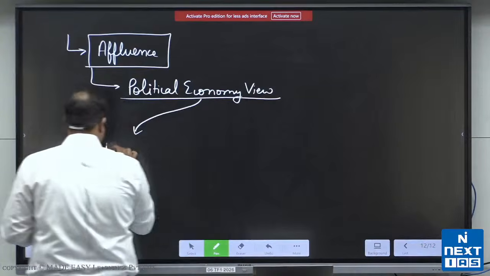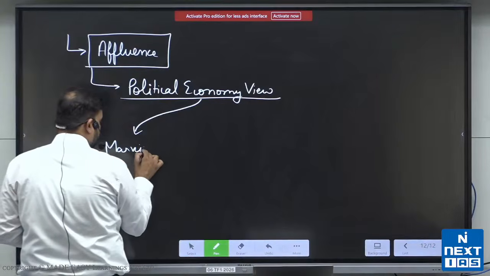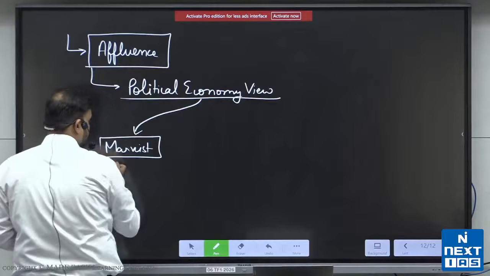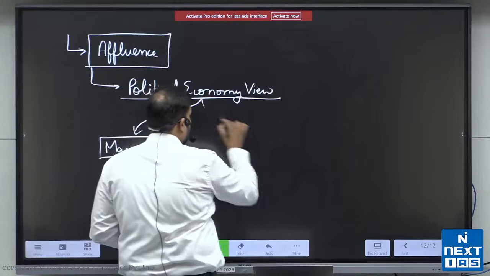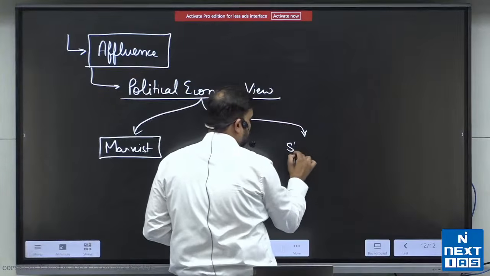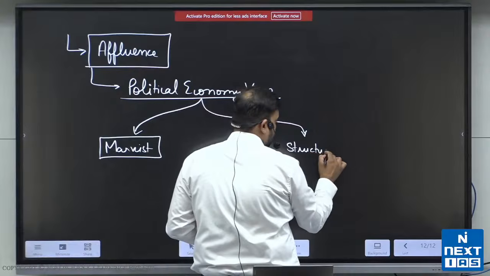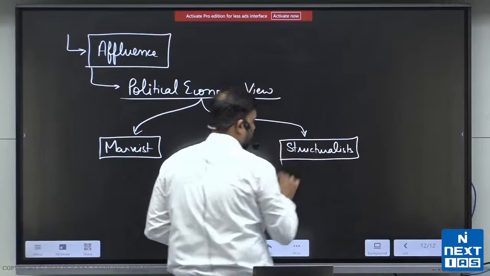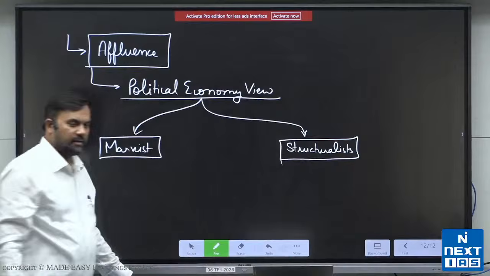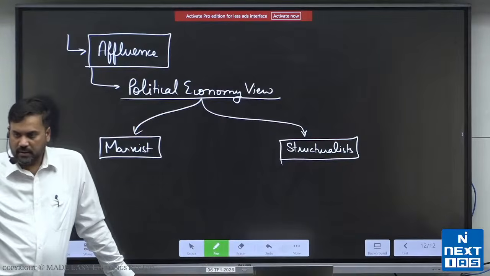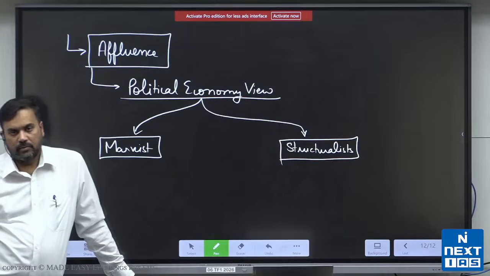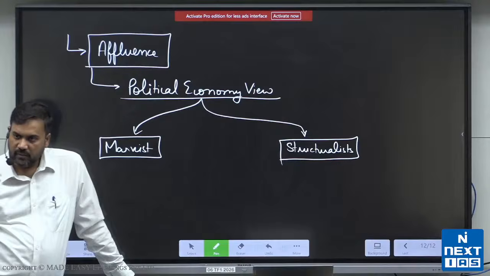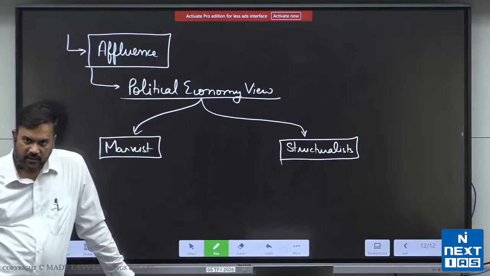So this is more of a Marxist, and if you talk about, there are structuralists, Marxist and structuralist. अगर मुझे एक structuralist का नाम लेना है, so Amartya Sen for example is what? He is a structuralist.